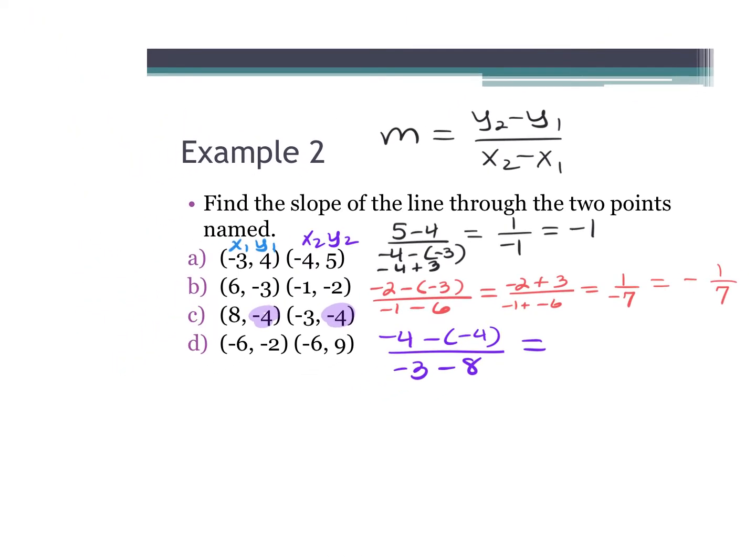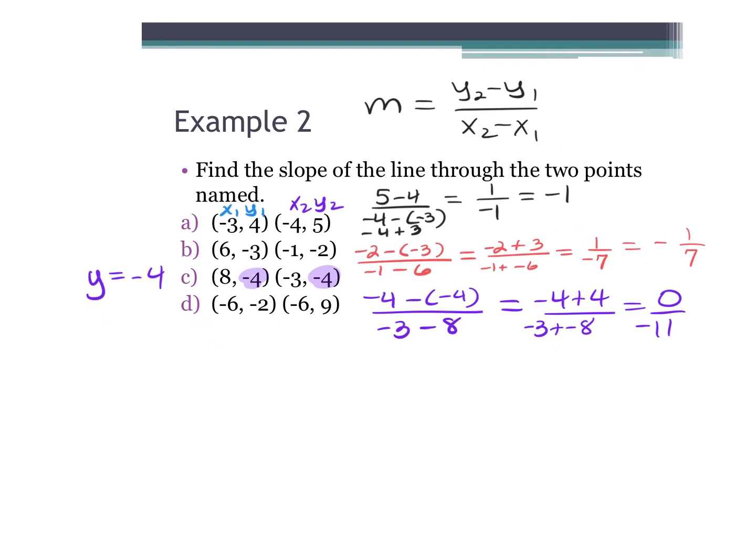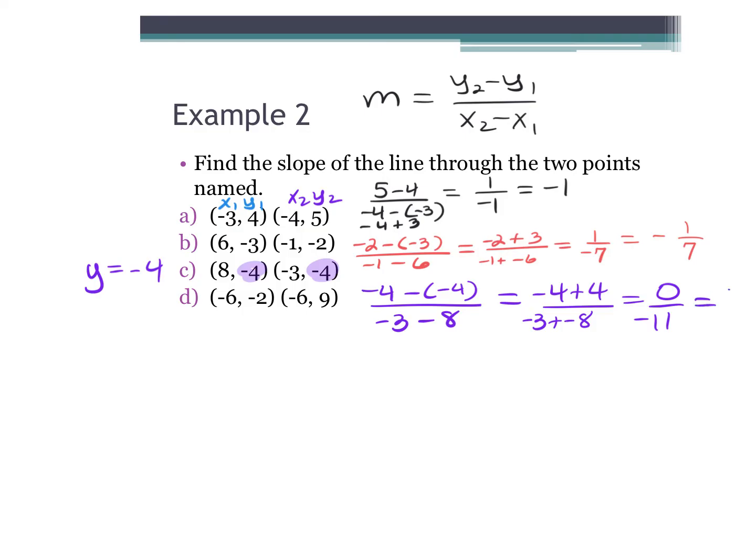Whenever the y's are the same, the graph of this line is going to just be y equals negative 4. But let's finish up doing the problem here. Negative 4 plus 4, and then this is negative 3 plus negative 8, 0 over negative 11. Remember, when the numerator has the 0, it simplifies to 0.